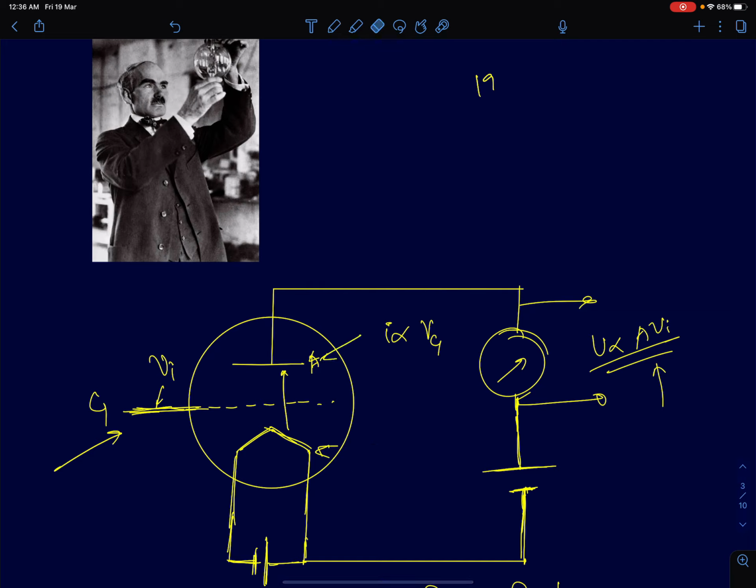Most of these amplifiers can be summed up by that simple explanation. So he introduced a third terminal called the grid terminal. And by applying a voltage on this grid terminal, he could control the flow of electrons or current between the anode and cathode, or flow of electrons from cathode to anode.